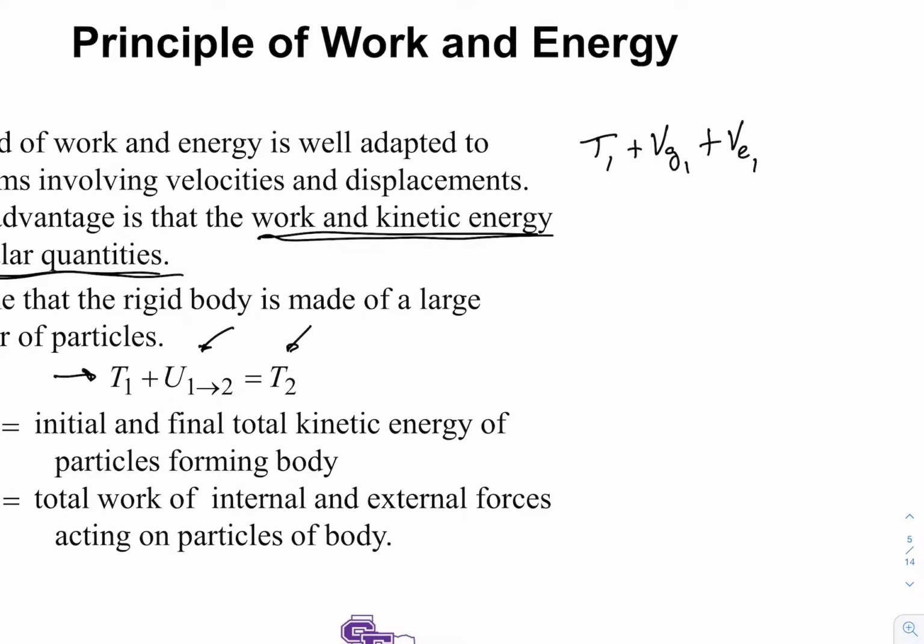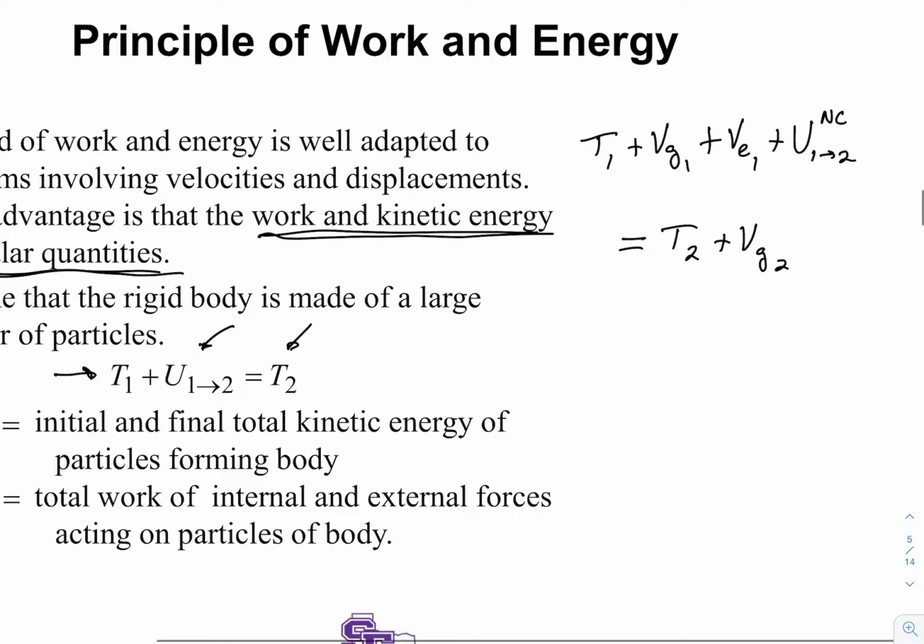We re-expressed this almost like a conservation of energy term. We'd say T1, my kinetic energy, plus VG1, my gravitational potential energy, plus VE1, my elastic potential energy, plus the work of my non-conservative forces like friction, going from 1 to 2. So this would be my initial energy accounting.